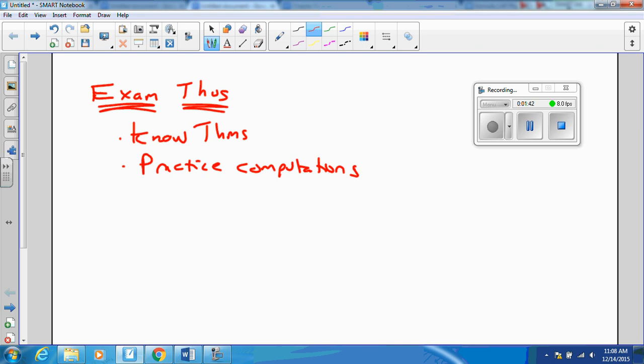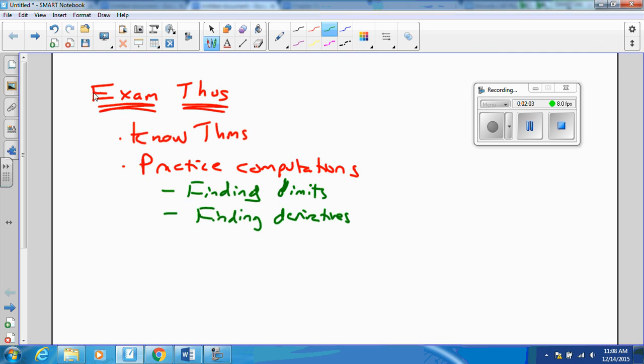And those kinds of computations are things like finding limits, and finding derivatives.